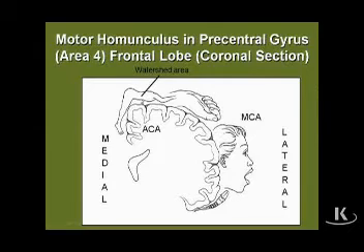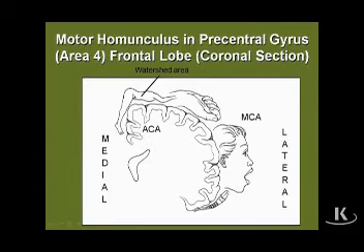And again, we said that the upper part of the motor homunculus, head, neck, upper limb, and the upper part of the trunk, was represented on the lateral aspect of the hemisphere. And then you can see quite nicely, extending down onto the medial aspect of the hemisphere, is an area of pelvic musculature and lower limb musculature, again, contralaterally.